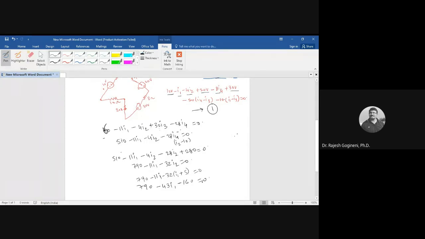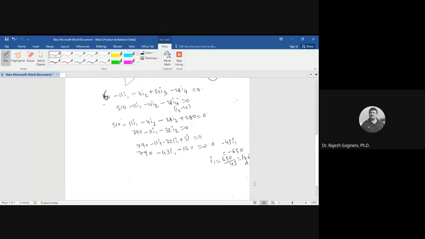So 790 minus 160 is 630. So minus 43 I1 equals minus 630, so I1 is 630 by 43. 630 divided by 43 is 14.65. So 14.65 amperes is I1.